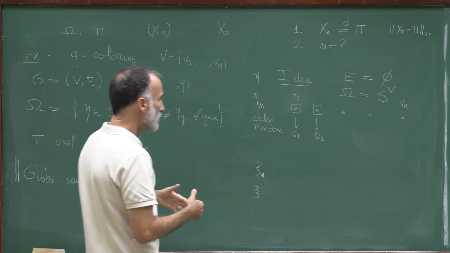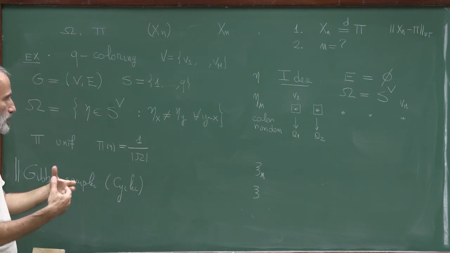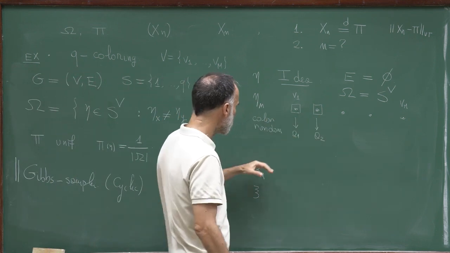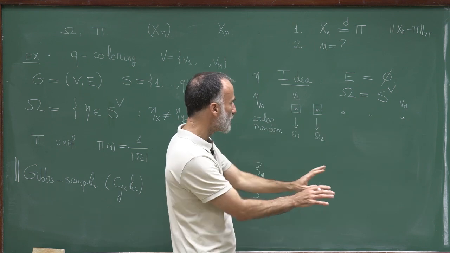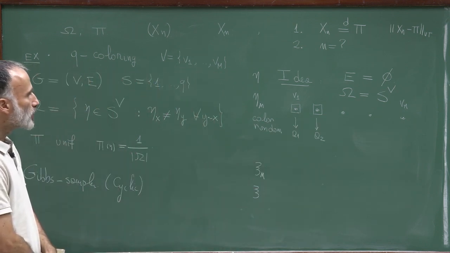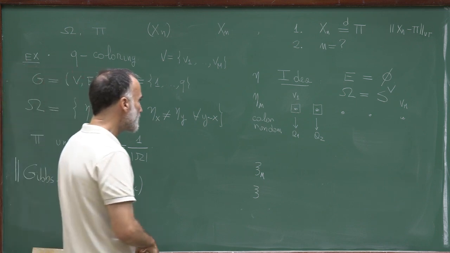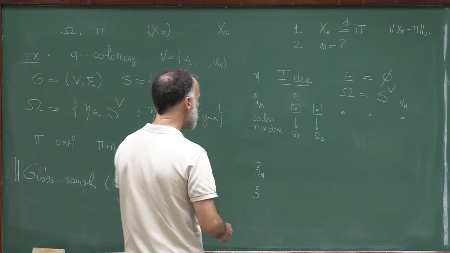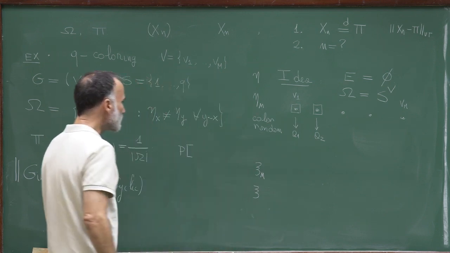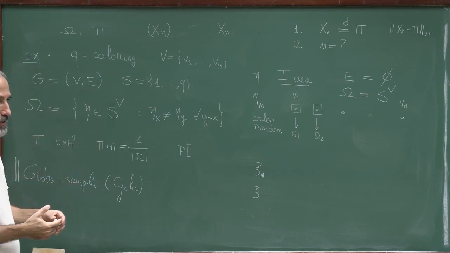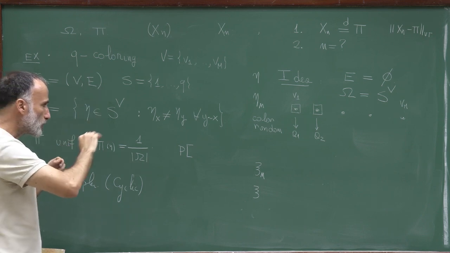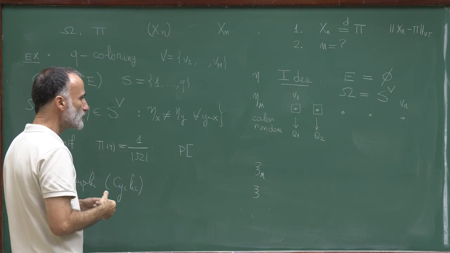But there are many ways in which I could define this coupling. I could just ignore xi and let eta evolve, ignore eta and let xi evolve independently. That would define a coupling. But I want a coupling so that xi n and eta n become equal very fast. So remember that in the case of measures, in my coupling, I wanted a measure which puts as much weight as possible on the diagonal.